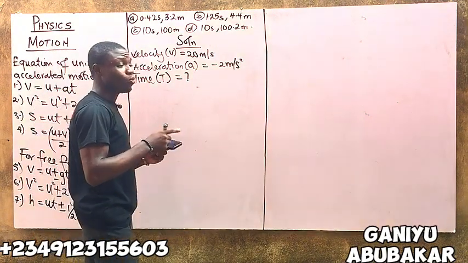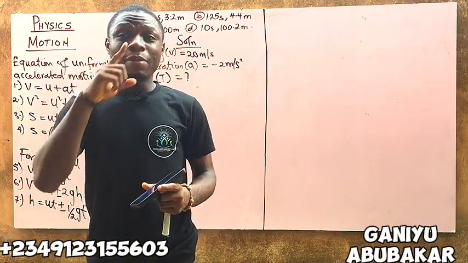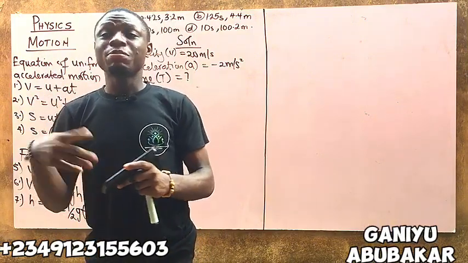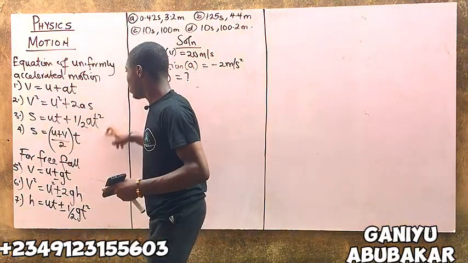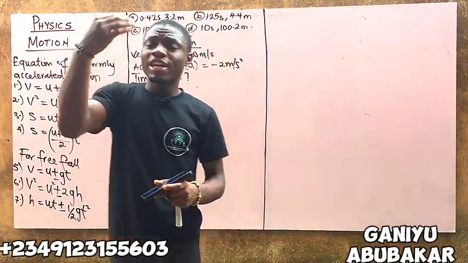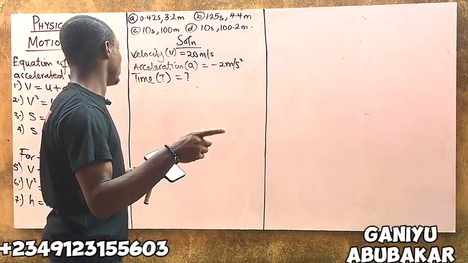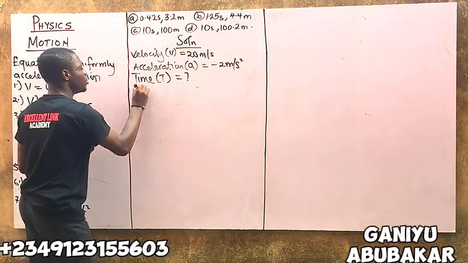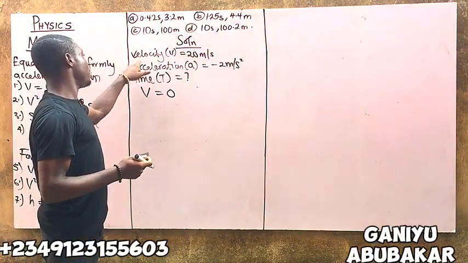It means that when we say time taken to come to rest, the body finally came to rest. And I said that whenever a body finally comes down to rest, its final velocity, that is v, is equal to 0. That's the meaning, right? But I'm seeing velocity here.